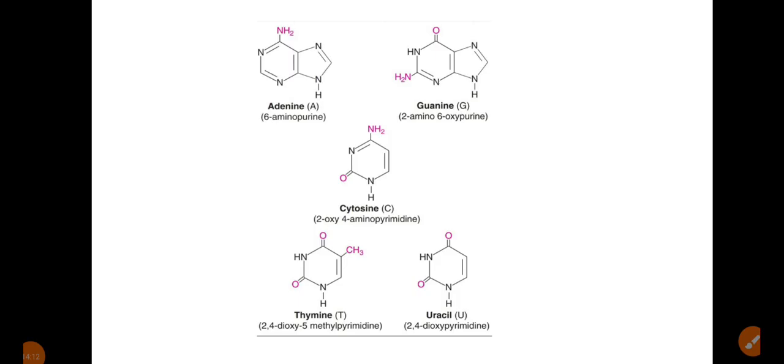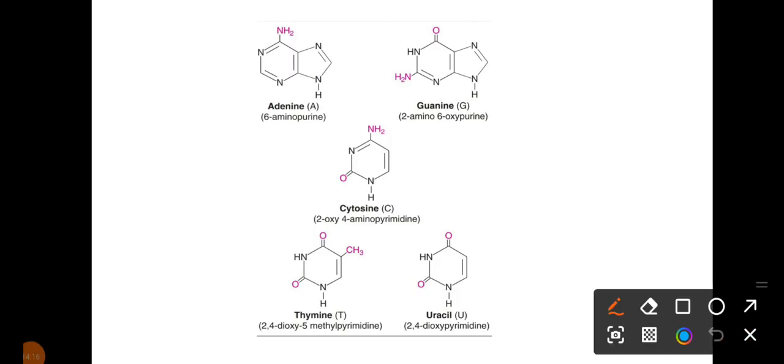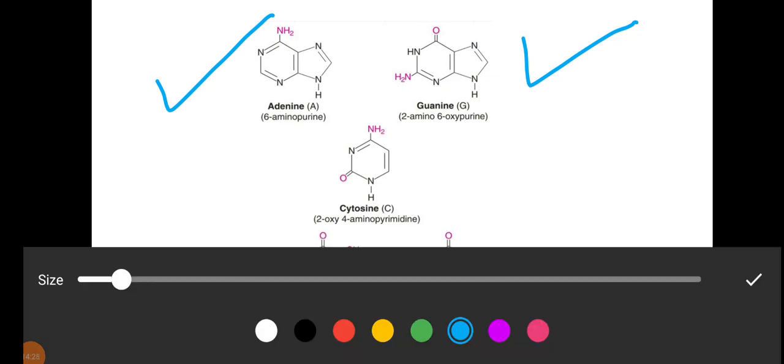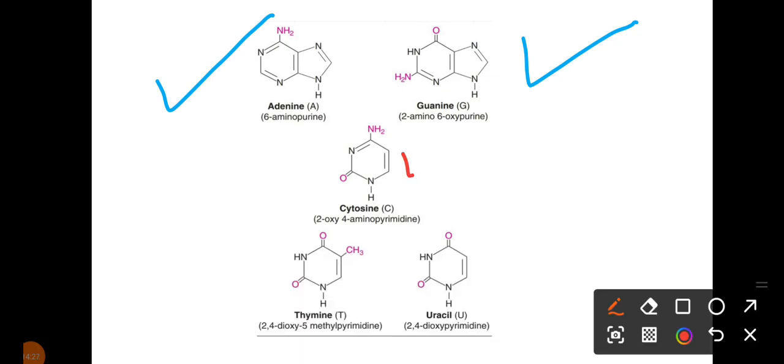There are two purine bases, adenine and guanine. These two are the purine bases, and the other three are the pyrimidine bases, right? So two purine and three pyrimidine bases. These names are also very important. 6-amino purine for adenine.